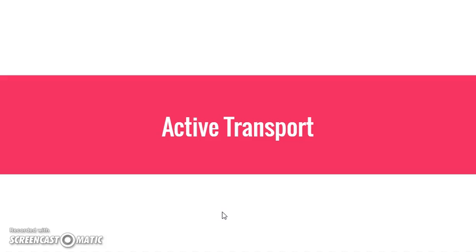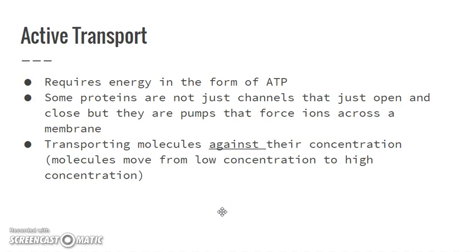Okay, so we have one last type of transport. So we went through passive transport. We had diffusion, facilitated diffusion, and osmosis. Now we have active transport. Active transport requires energy in the form of ATP. So remember now that we have to transfer all of our energy into ATP.